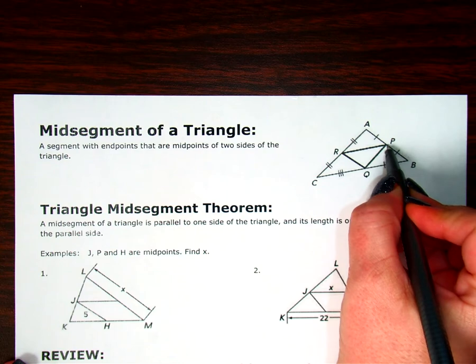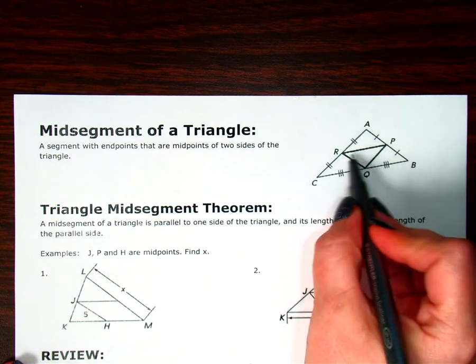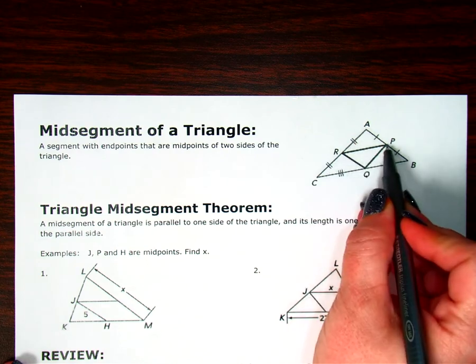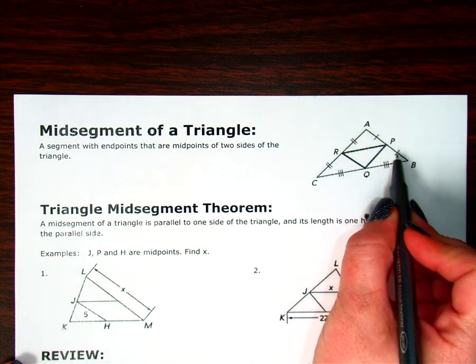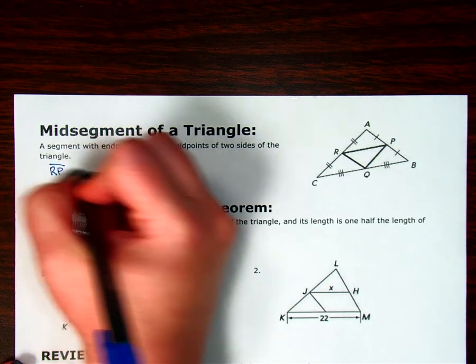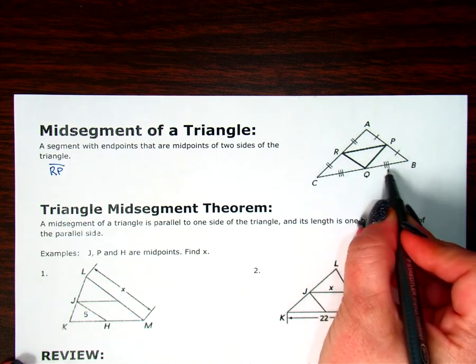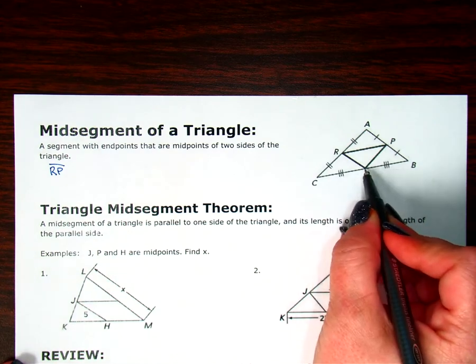because I have midpoints, right? Since it's the same length here and here, it's a midpoint. So R is a midpoint, double tick mark, double tick mark. P is a midpoint, double tick mark, double tick mark. So RP is a mid-segment. Q is a midpoint because three tick marks, so it's the same length on each side.